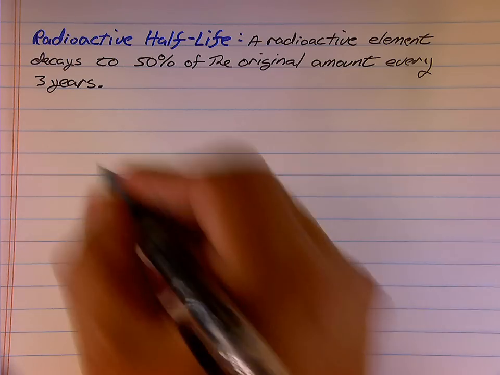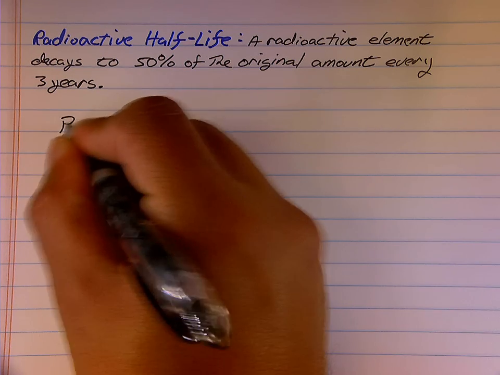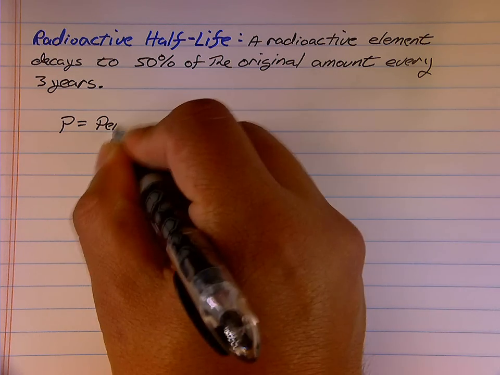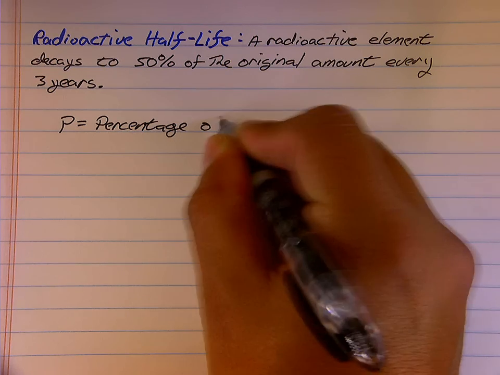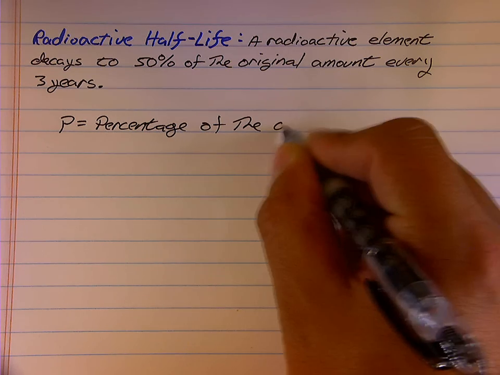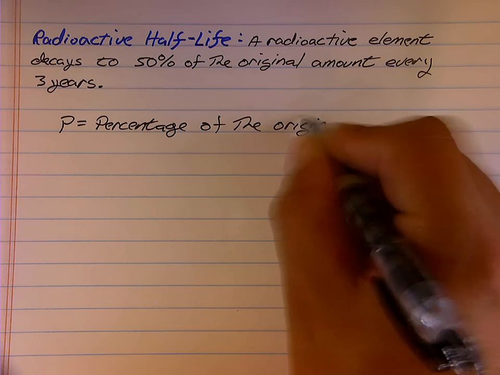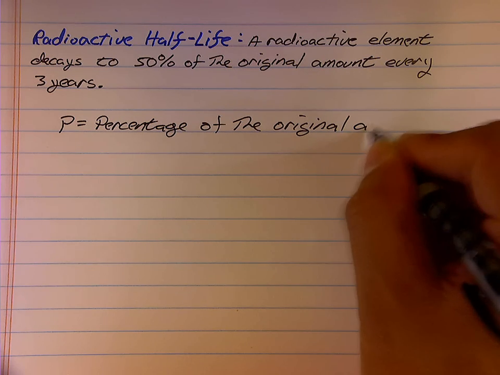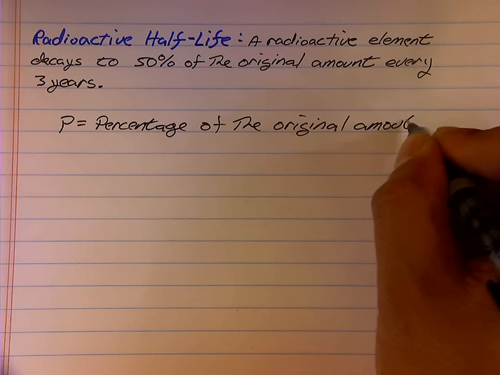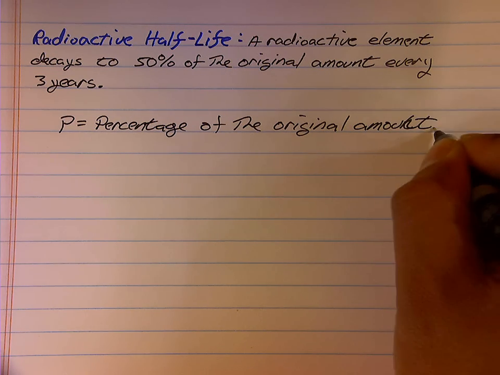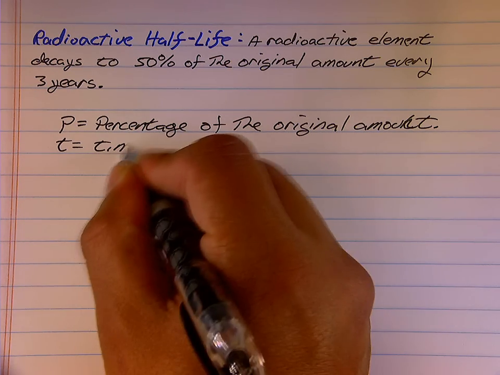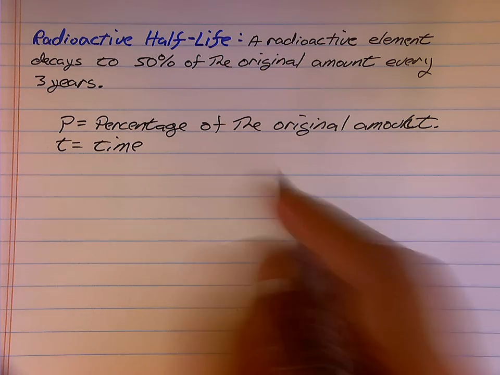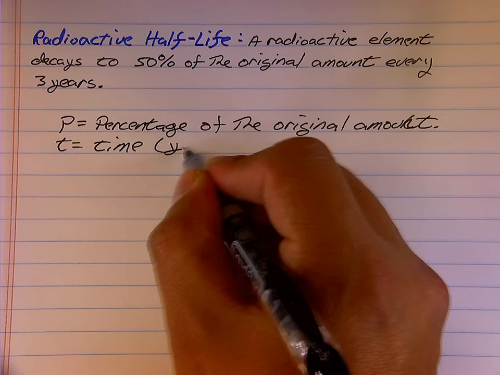So I'm going to let P be the percentage of the original amount, and I'm going to let T be time. In this case, the easiest time would be in years.